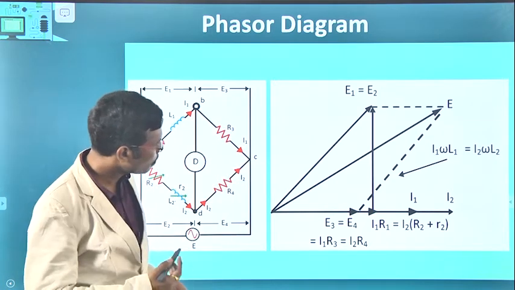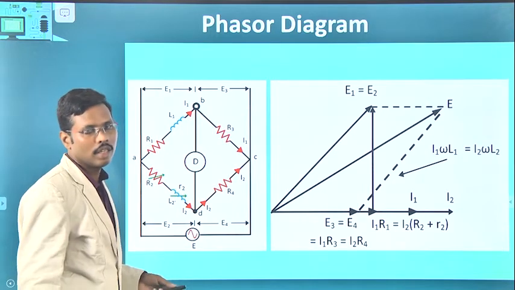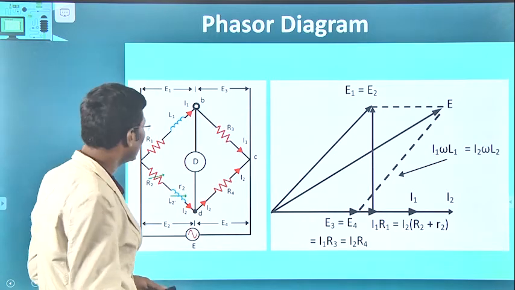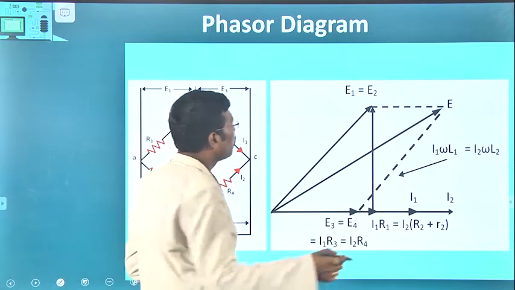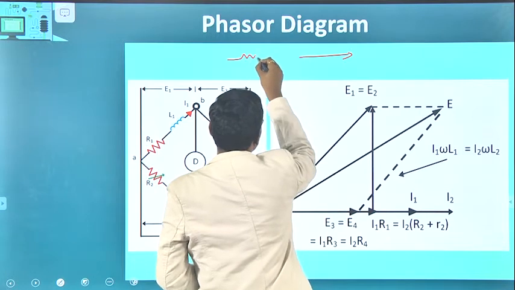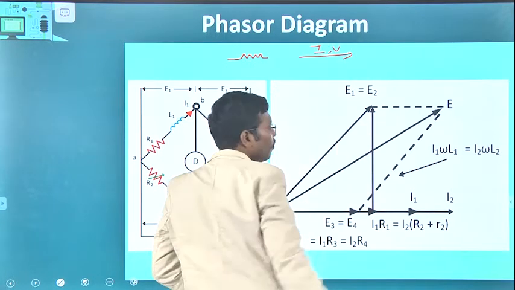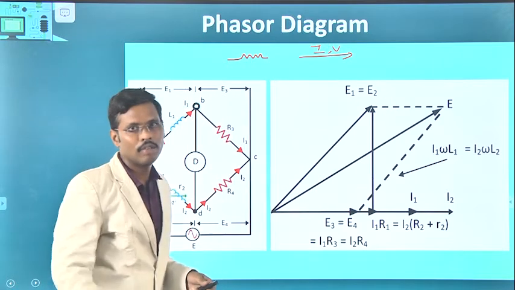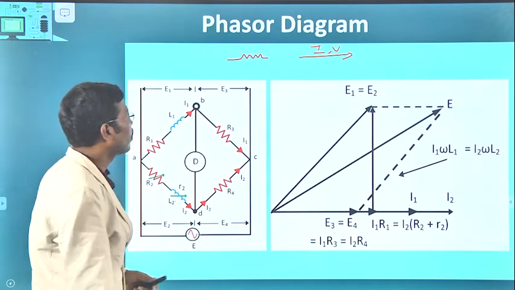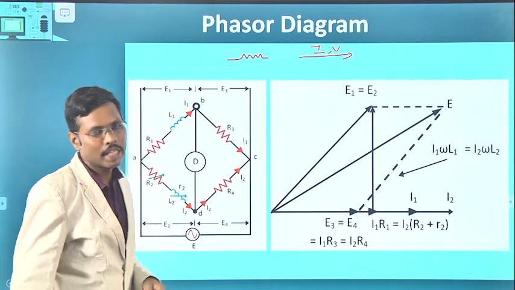If you want to represent the phase of a resistance, both current and voltage will be in the same phase. For a resistor, the current and voltage will be in phase with each other.